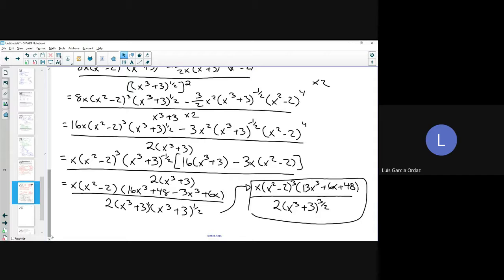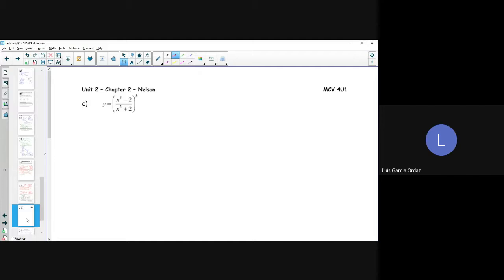Okay, so let's move on to the last one and call it a day. The next one we have is we want to find the derivative of y is equal to (x cubed minus 2) divided by (x cubed plus 2), all to the power of 5.